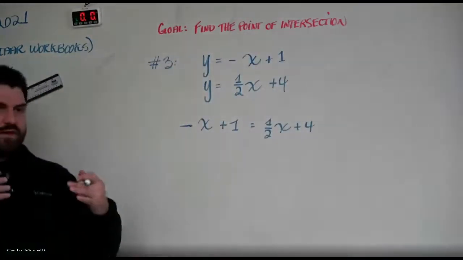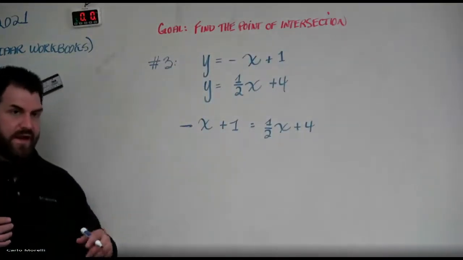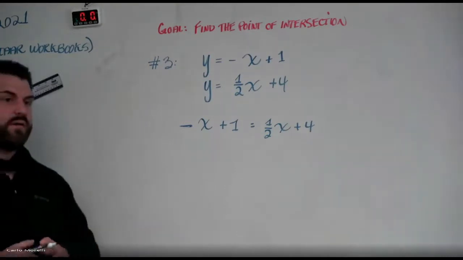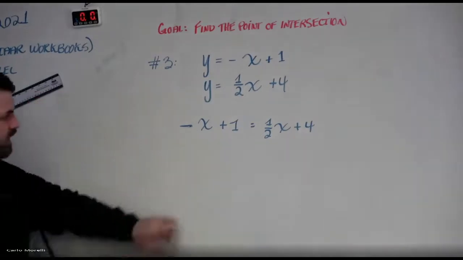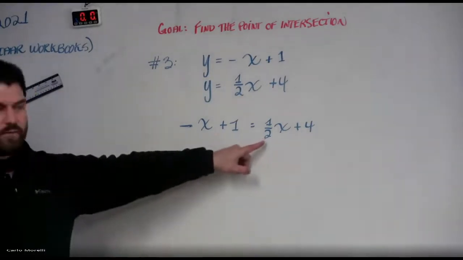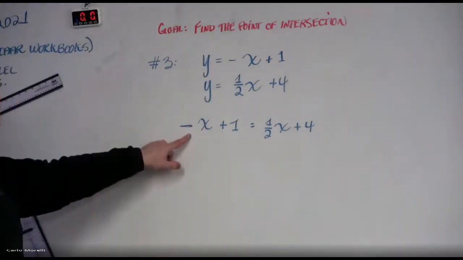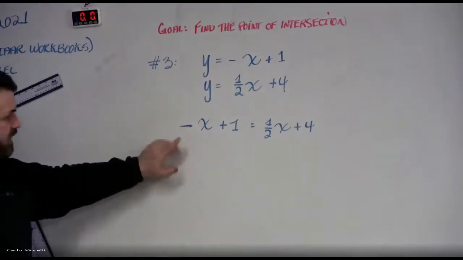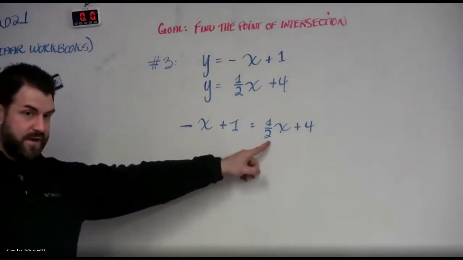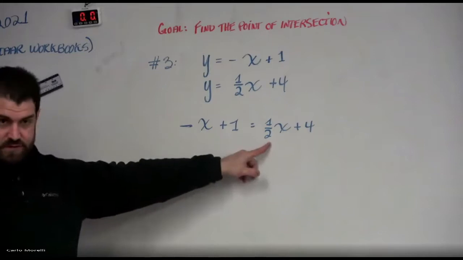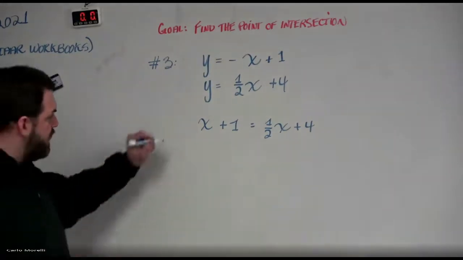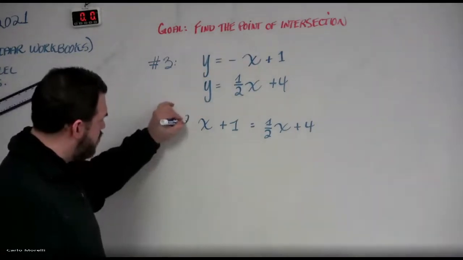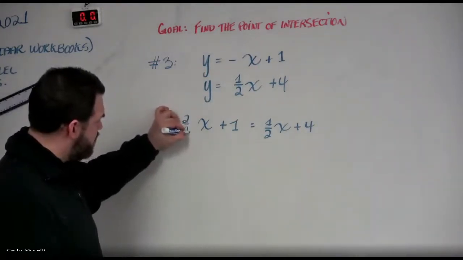Now, as a teacher of math, I can see a potential problem ahead of time, like a train, I can hear the horn. I've got a fraction over here with my x, but over here, Mr. X doesn't have a fraction. And I see that this fraction has a denominator of 2. So look what I'm going to do here. I'm going to write negative 2 over 2x.